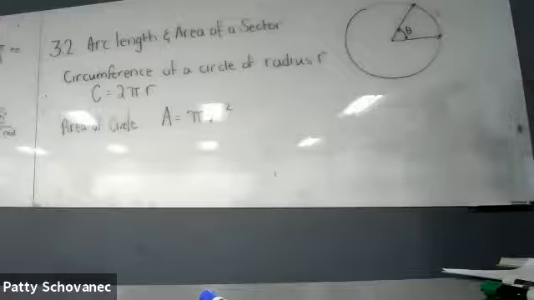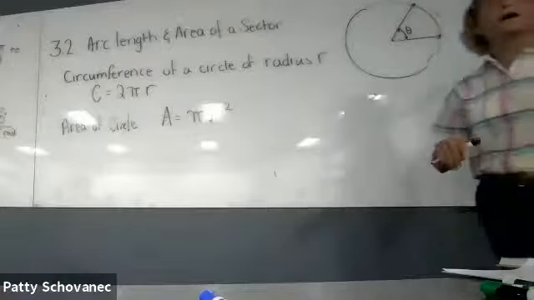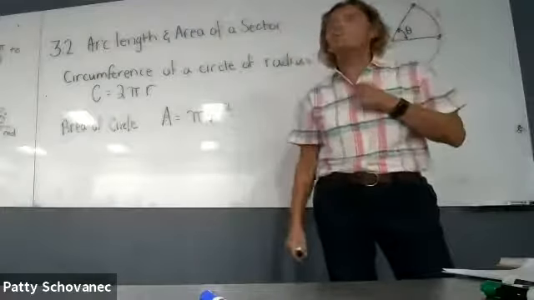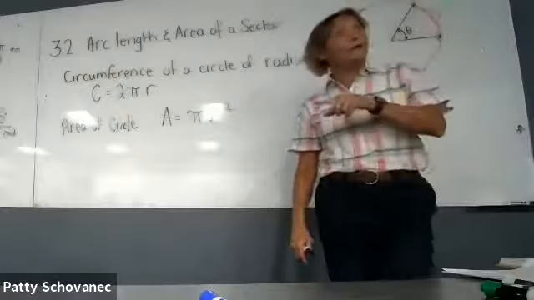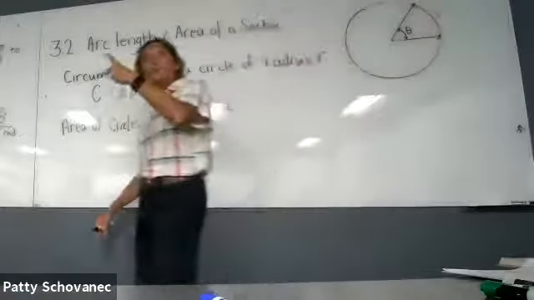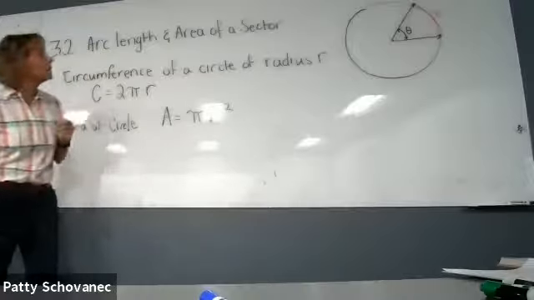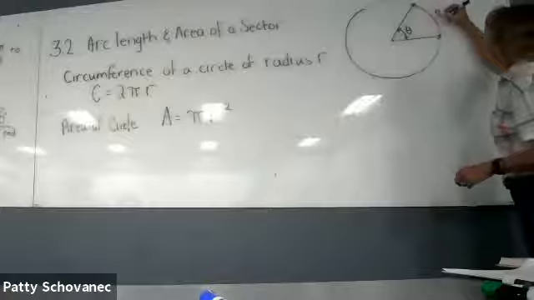So pi over 4 is 25% of the top, 25% of the bottom. So I've got pi over 4 is 1/8 of an entire circle, right? So if I know the circumference of a whole circle, then the circumference of the pi over 4 sector is 1/8 of that. If I know the area of the entire circle, then the area of that pi over 4 sector is 1/8 of that. That's a lowercase s. The lowercase s is going to denote arc length.